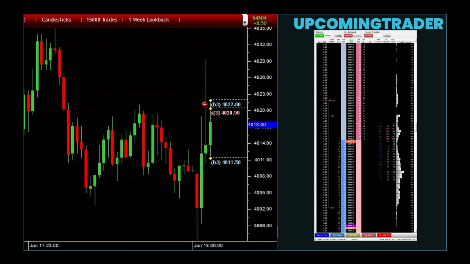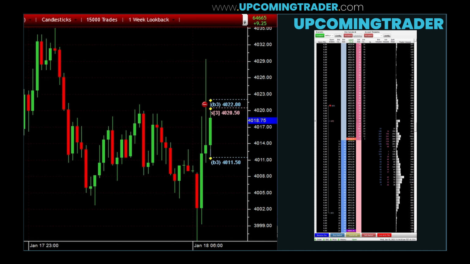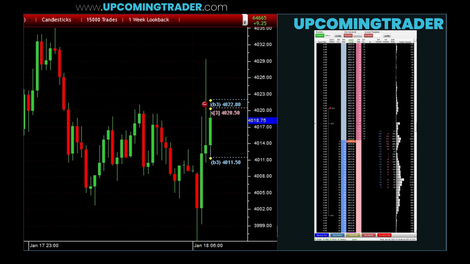A double bottom, on the other hand, is formed when the price tests a support level twice, indicating that the level is holding, and a reversal to the upside may occur. High volume at these levels strengthens the validity of these patterns and provides confidence in taking positions based on them.